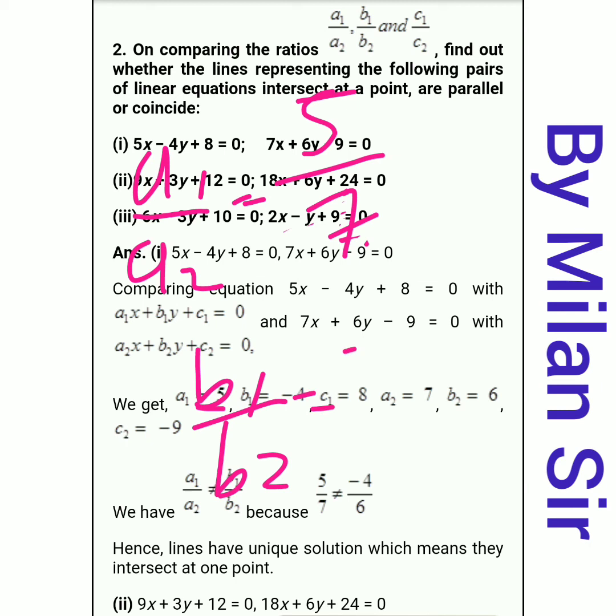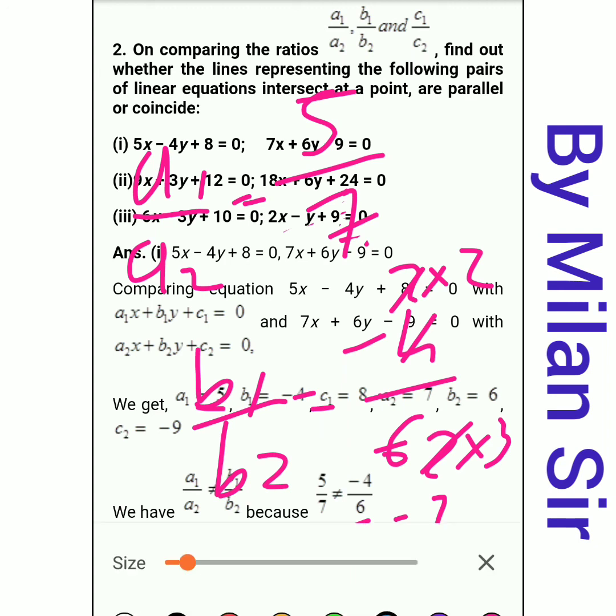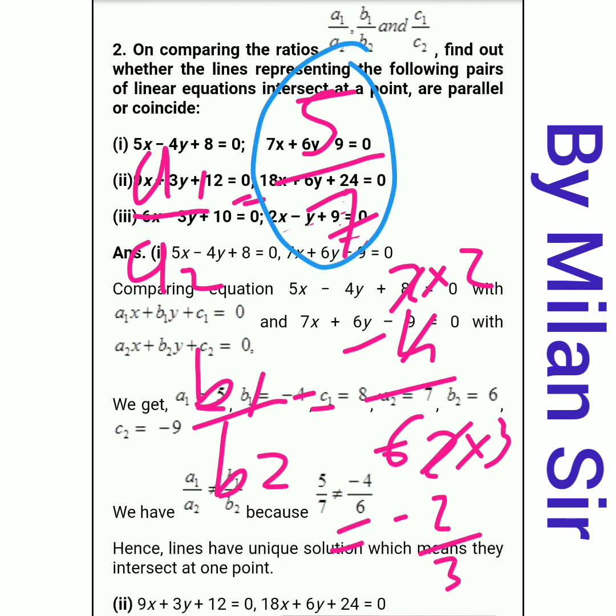B1 is minus 4 and B2 is 6. If we simplify this ratio, 4 is 2 twos and 6 is 2 threes. The 2s cancel, so finally we get minus 2 upon 3. So A1 upon A2 equals 5 by 7 and B1 upon B2 equals minus 2 by 3. These two ratios are not equal.